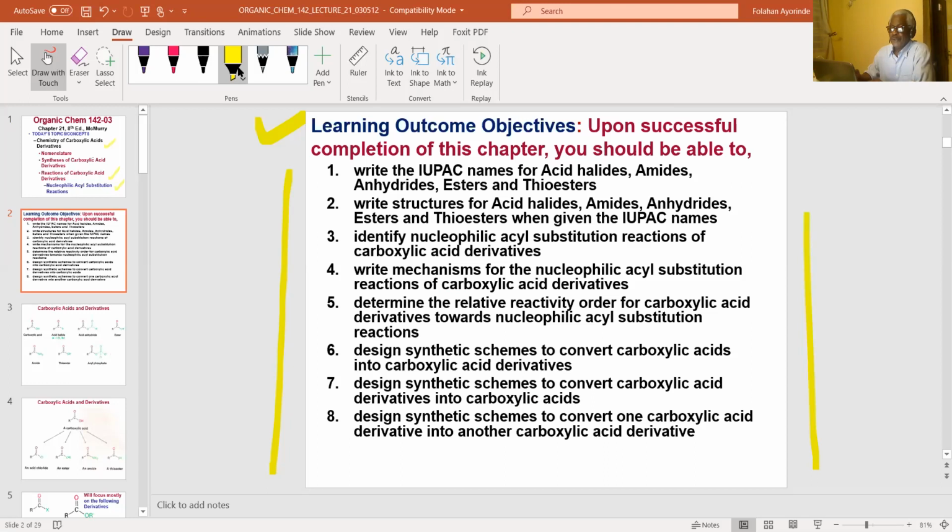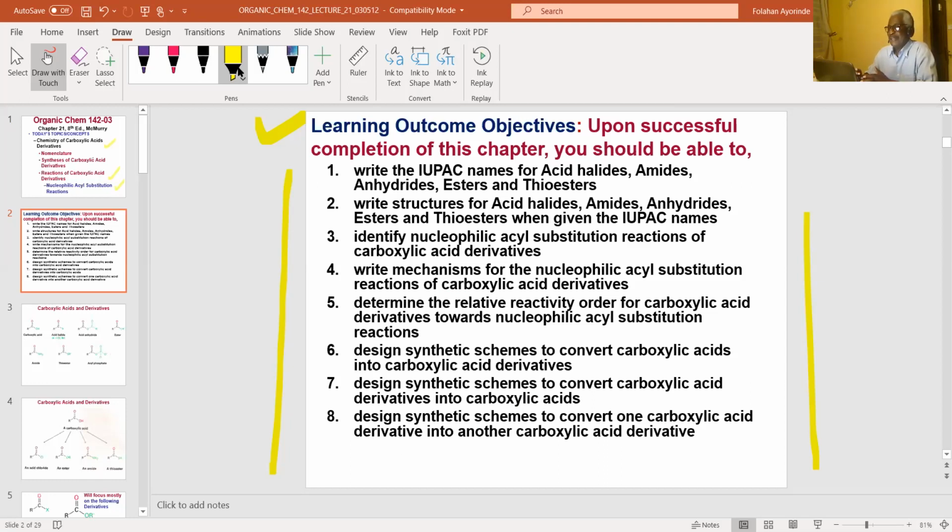So anyway, most of you, I'm sure, will be using a PowerPoint presentation for your class. But from my experience, I do find PowerPoint presentation very cumbersome. It's difficult to go from page to page, particularly when I want to write.